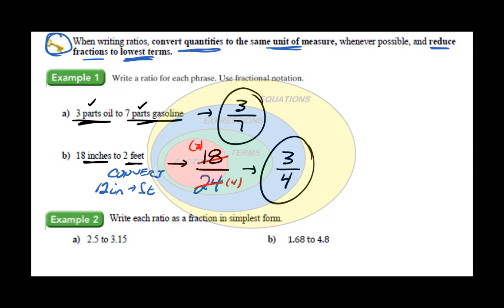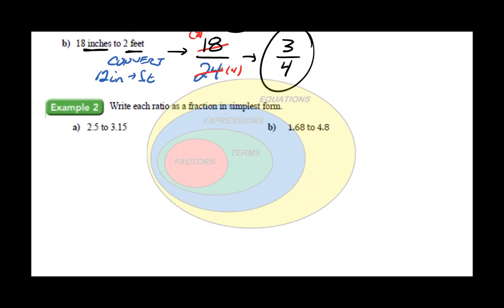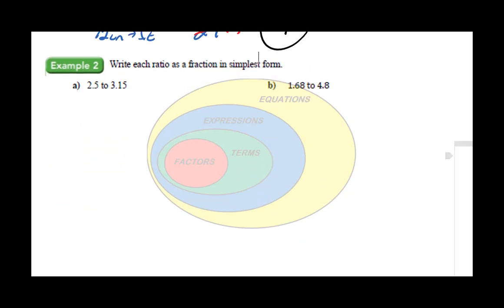All right, what if we have ratios that have decimals in them? Again, we want to make sure we have the fraction in simplest form, and we don't have decimals in simplest form. First, the ratio of 2.5 to 3.15 would look like this. We don't have decimals in fractions, so we can clear decimals by multiplying by a power of 10.